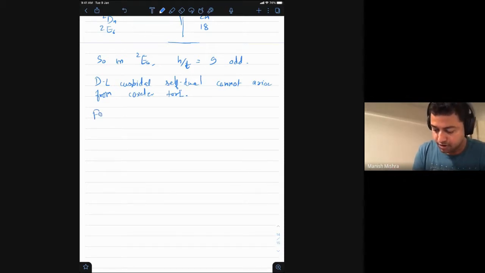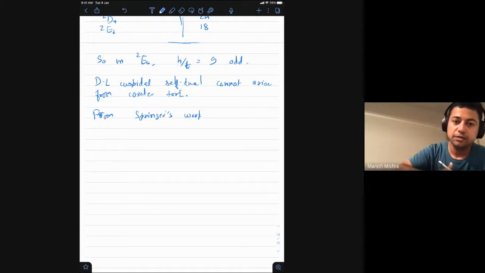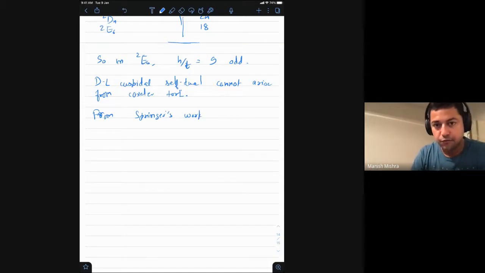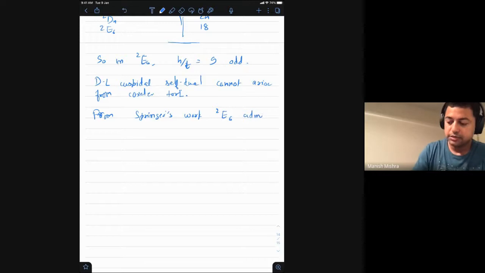So from Springer's work. Springer studies what I call regular elements, which I won't define or dwell into, but these are generalizations of Coxeter elements.